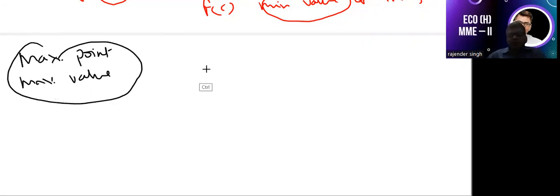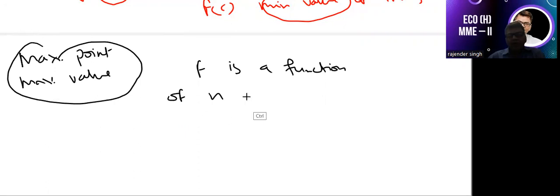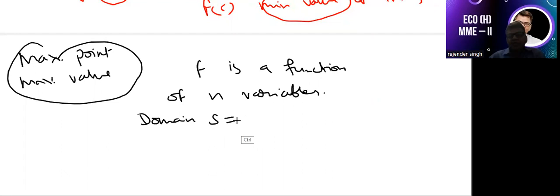Now, maximum point and maximum value of the function, right? Suppose f is a function of n variables. That means its domain S is a subset of n-tuples, right?